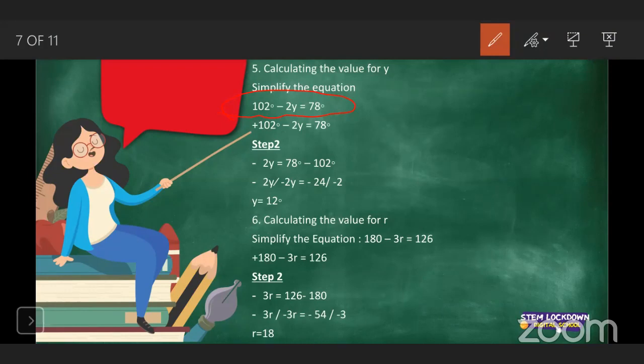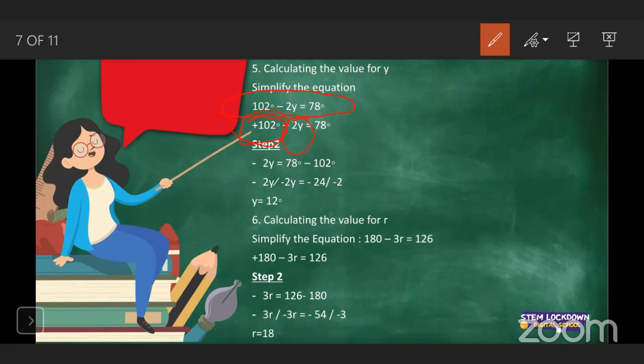This basically shows you that this 102 is positive, and 2y is negative. And then step number 2, we have our negative 2y equals 78 degrees minus 102 degrees.